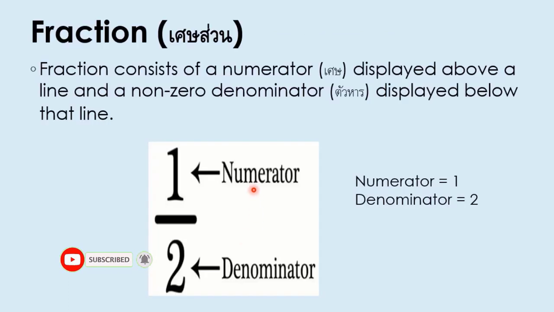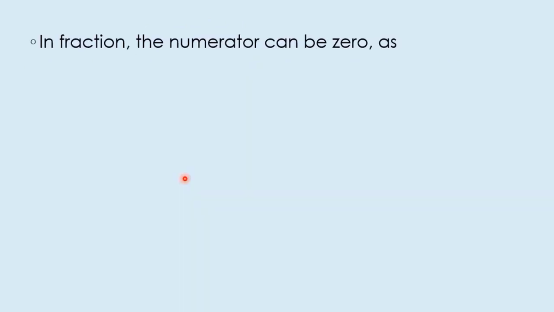Now in a fraction, in the numerator there may be any integer, that is negative numbers, 0 or positive numbers. The numerator can also be 0, just like this example. But remember that if the numerator is 0, then the answer always equals 0, no matter whatever is in the denominator. Here the numerator is 0, so the answer is 0.